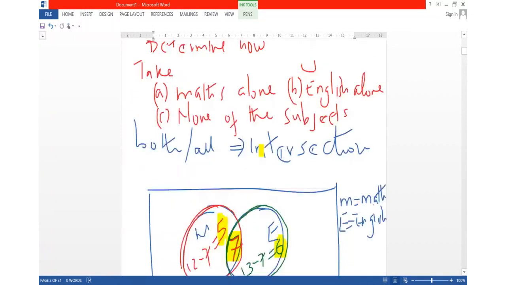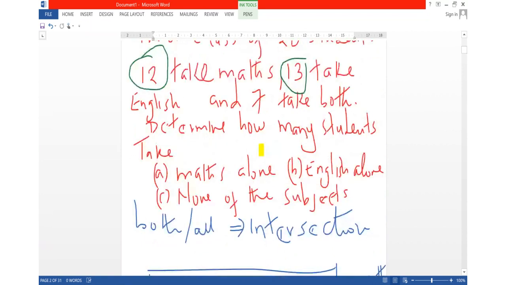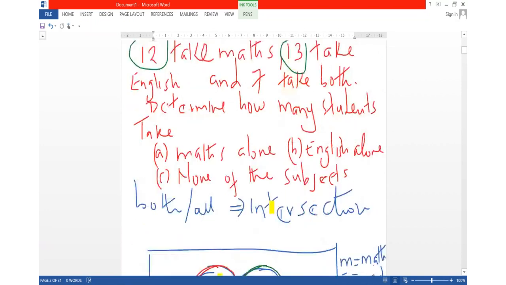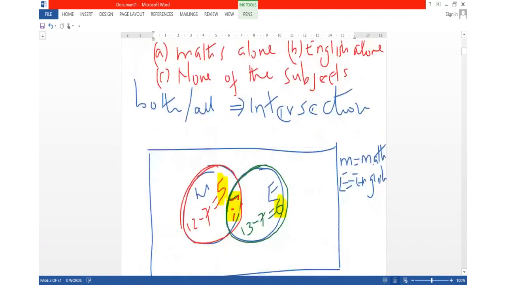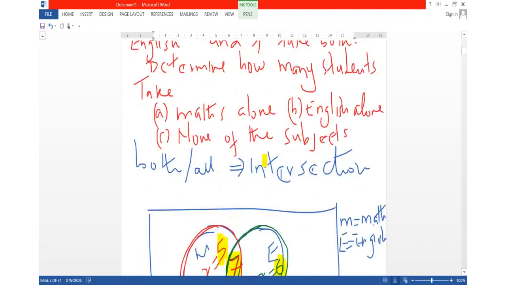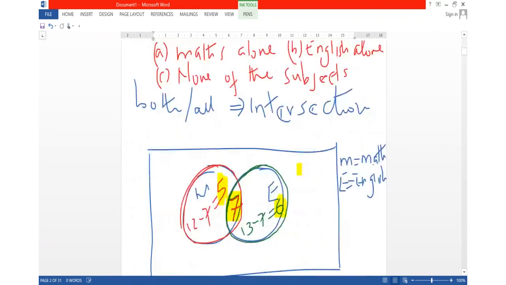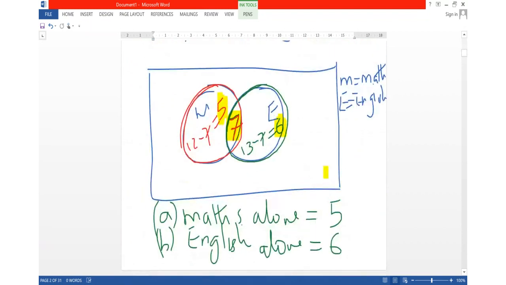Now ask yourself, how many students did the class have? Let's go back to the question. The class had 20 students. When I add 5 plus 7 plus 6, I'm only getting 18. So what happened to the students? If you add these numbers and find there's a deficit, the 2 students will be outside.